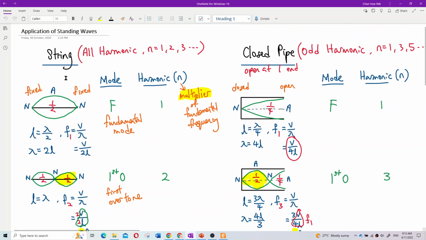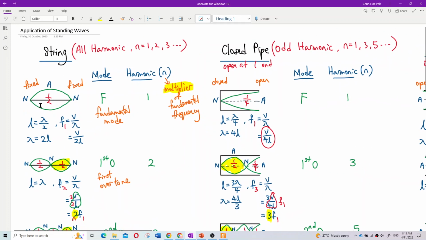Look at the string. The first one is called the fundamental mode, F1. So in the fundamental mode, the wave looks like this. We know that these two ends are nodes because they are fixed.